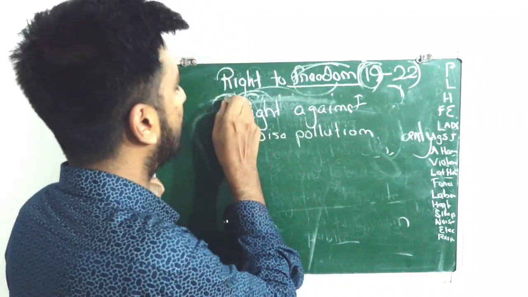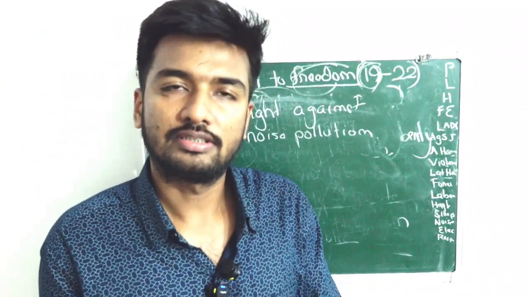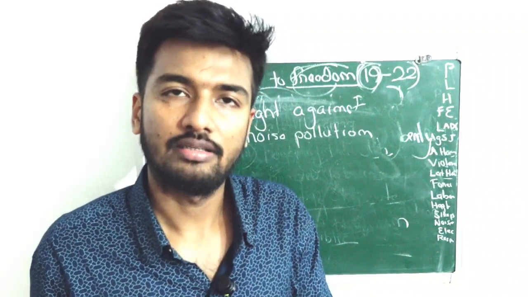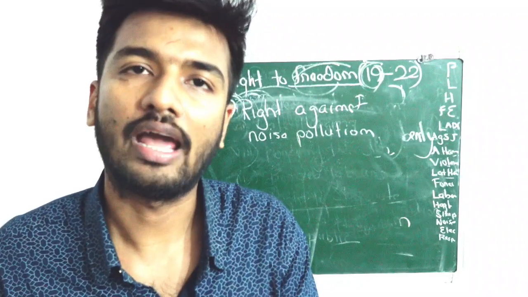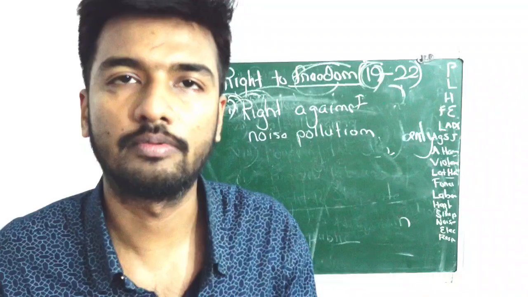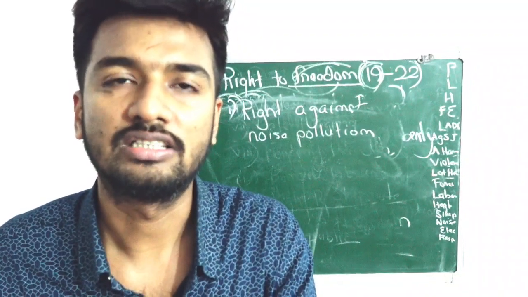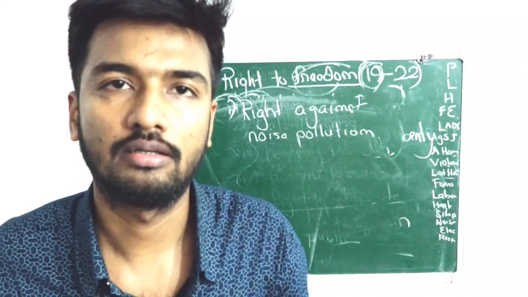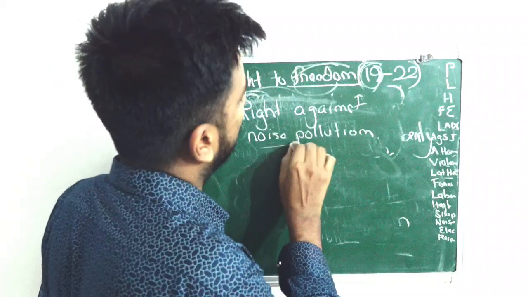Suppose there is a party going on at your neighbor's, with permission till 10, and they are playing loud music at 1 o'clock. You have the fundamental right to register a complaint against your neighbor that your fundamental right has been destroyed or denied: the right against noise pollution.